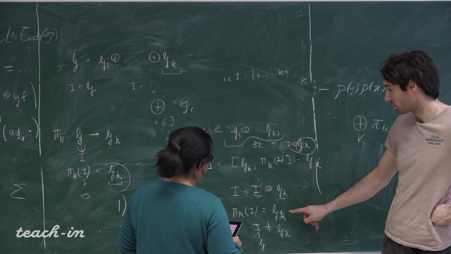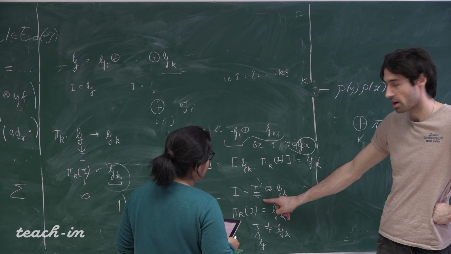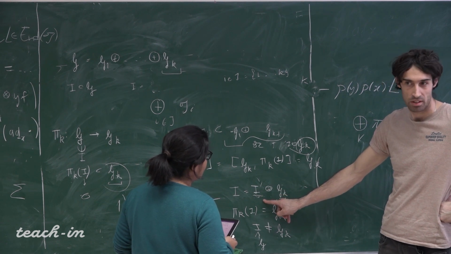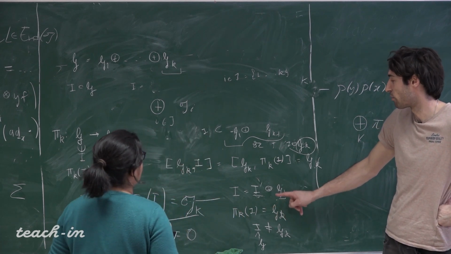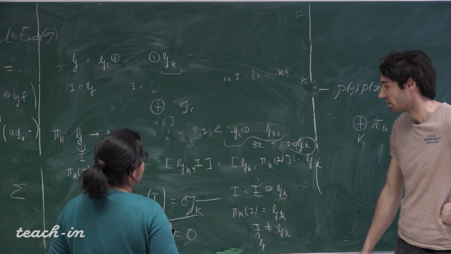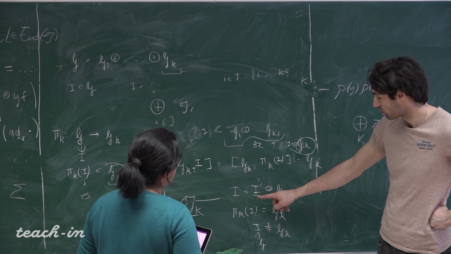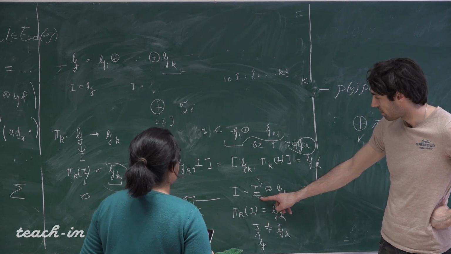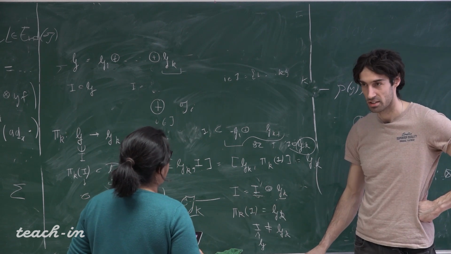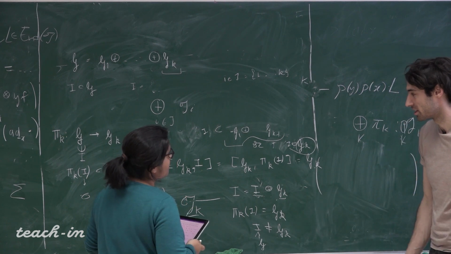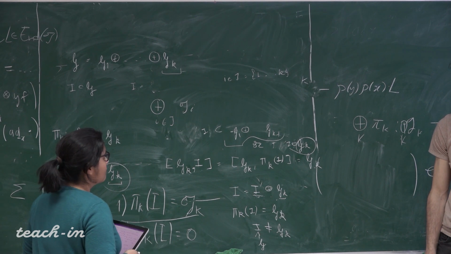Because you need to show that GK is inside I. Then I prime will be an orthogonal complement, with respect to, say, the Killing form on I. So you need to show that GK is inside I, and this line is actually to do that, right? But we are in this assumption, right?